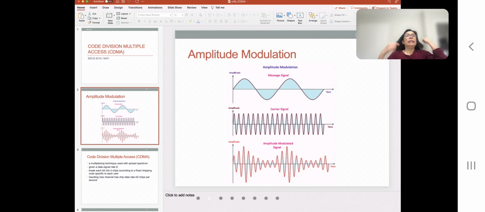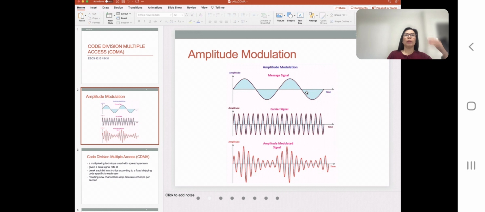So basically, this is a modulation technique that radio stations use to broadcast their signal. The original message is this. You can imagine this as a song, for example. Each radio station is given a specific frequency, and their frequencies must be separated from each other to avoid interference, right?